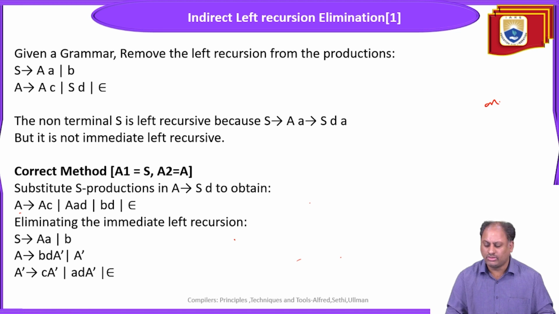That is also to be verified before performing predictive parsing. We need to see whether the non-terminal exists either directly or indirectly, so that the grammar is not left recursive.